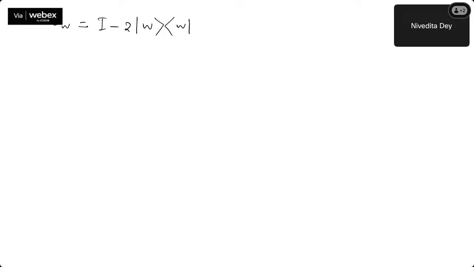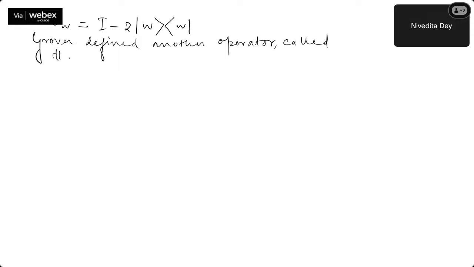Now, Grover defined another operator, which is known as the reflection operator.